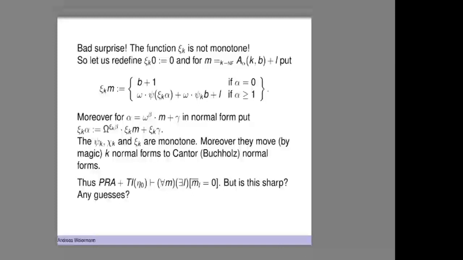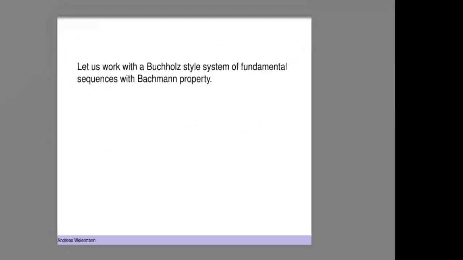Now, what would you expect? I've shown termination of the last Goodstein principle, and I'm using only base changes in ordinals alpha. Is this sharp, or could it be simplified? The suggestion was maybe it can be simplified, but it cannot, and that's a surprise.